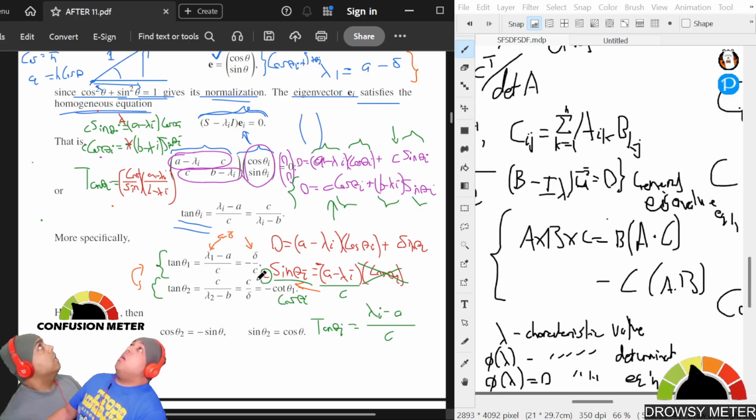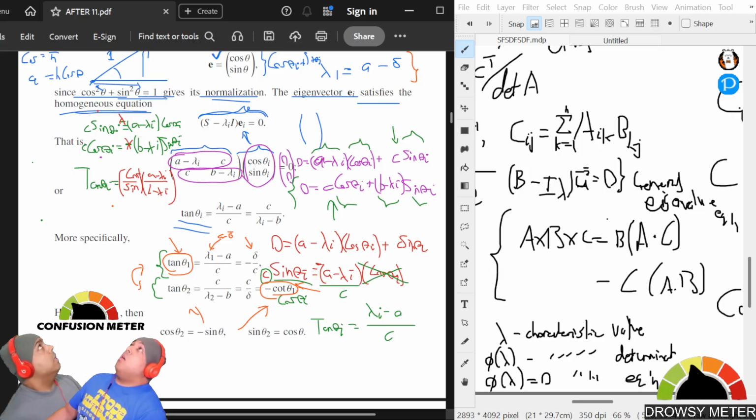Because C over delta, you just flip it. If you flip it and put a minus, you'll get this guy. So these two are related like that. If you flip and minus this, you'll end up here.